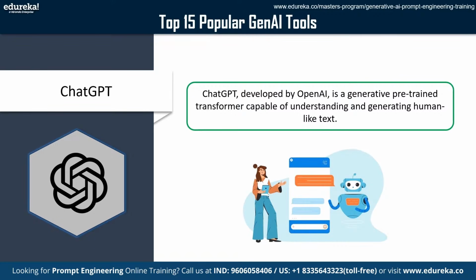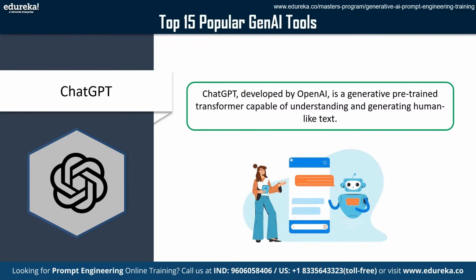Also, writers, bloggers, and content creators use it to come up with interesting ideas and to make their content super engaging. And developers and technologists even use ChatGPT to build AI-powered applications, chatbots, and tools. So basically, ChatGPT is used across many more domains for different purposes. It is one of the most commonly used tools.